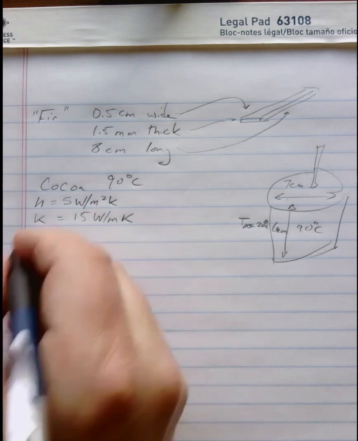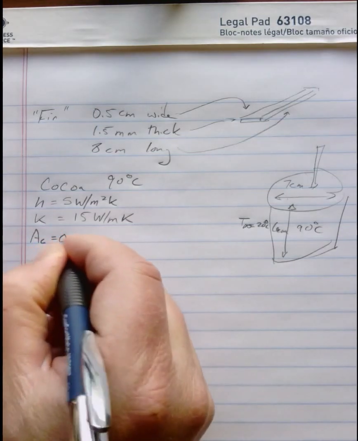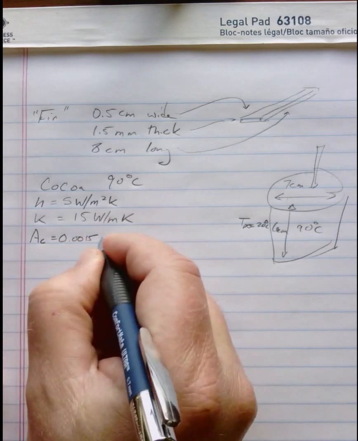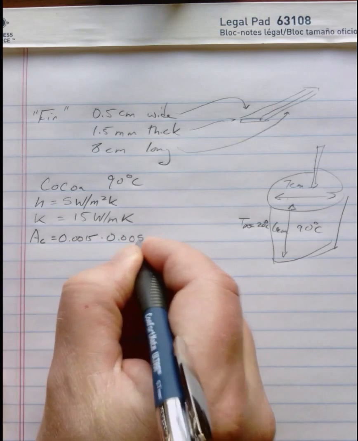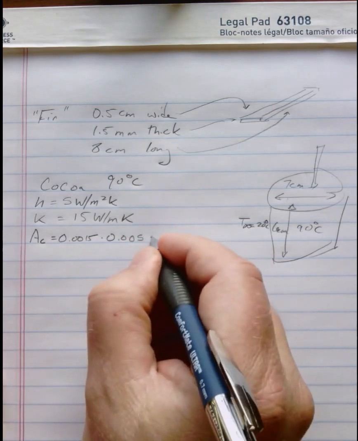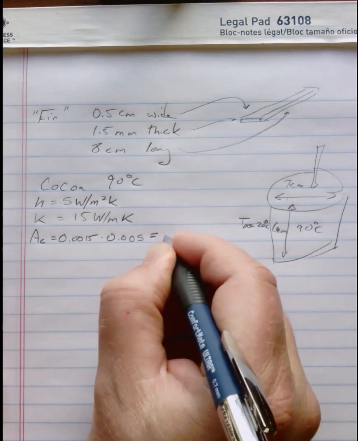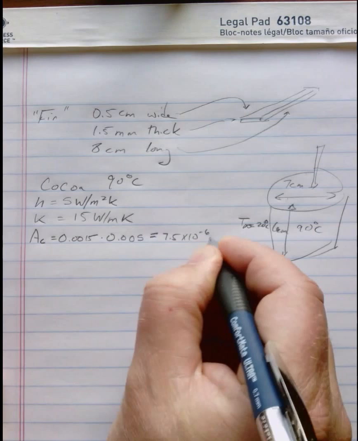So I need the cross-sectional area of the fin, and that is going to be 0.0015, 1.5 millimeters, times 0.005, equals 7.5 times 10 to the negative 6 meters squared.